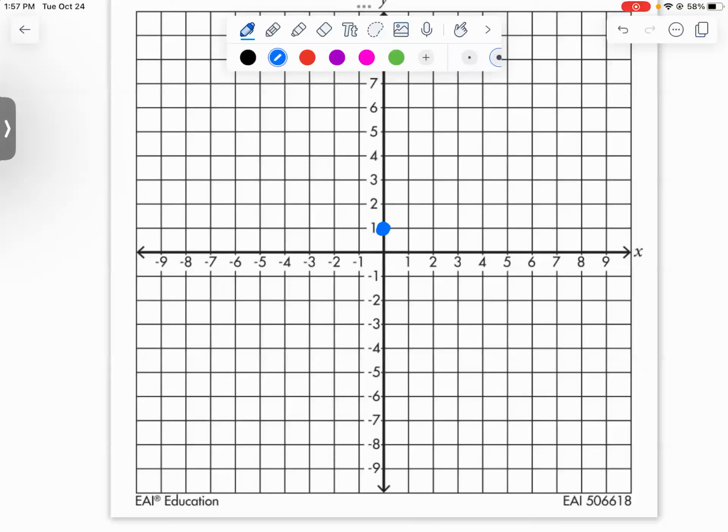Now our slope is 2/3. So first of all, is this going to rise or fall? Rise, because we have a positive slope. 2/3 is our slope. So we're going to rise 2 and run 3.